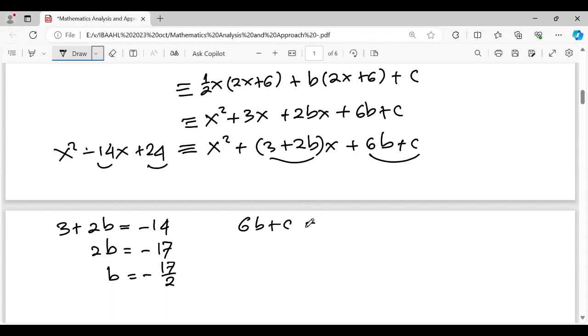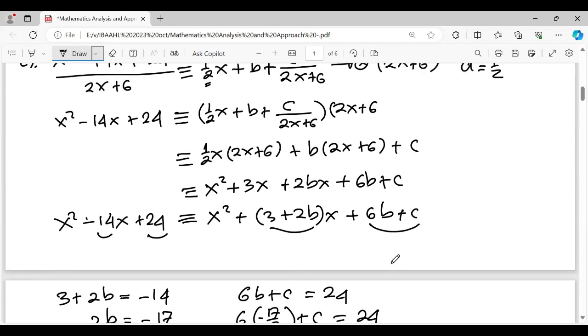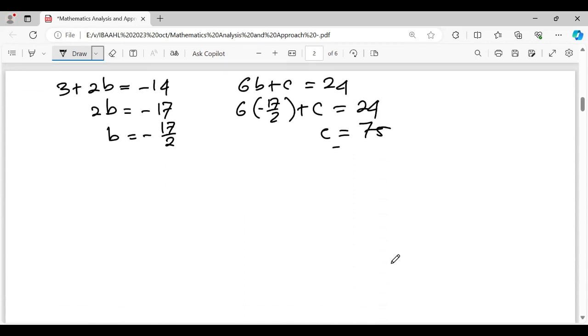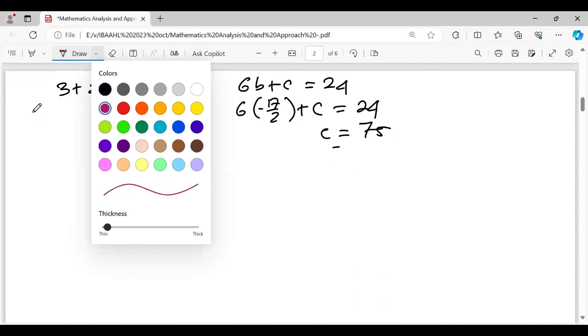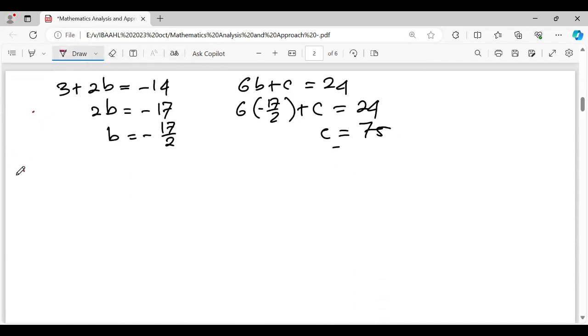So 6 times minus 17 over 2 plus c equals 24, and if you calculate, you can find that c equals 75. But we are going to determine a and b. Next, d.